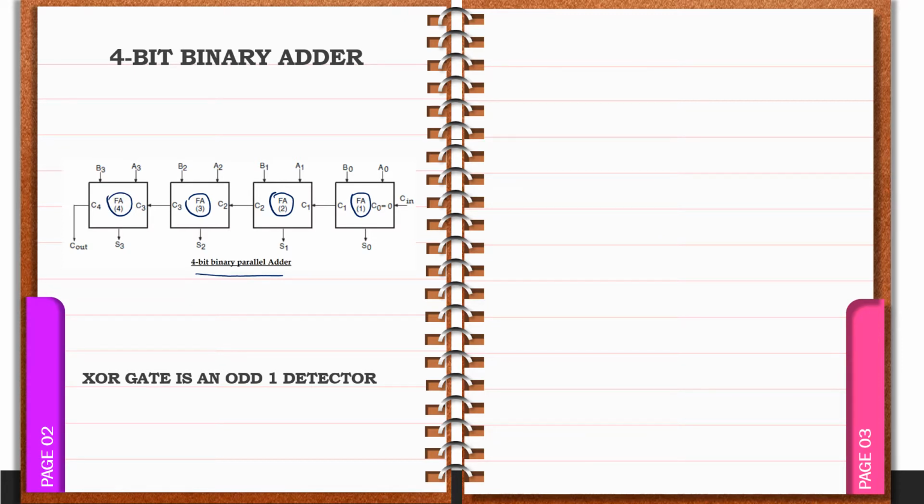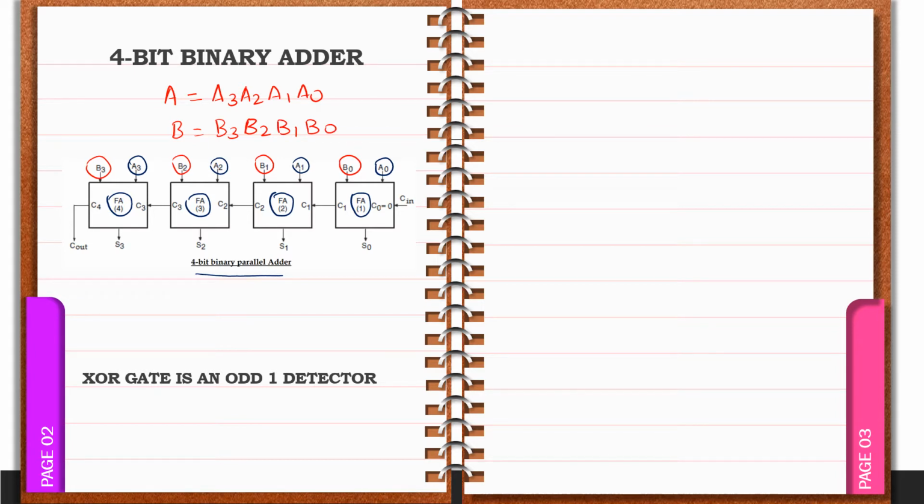Here we have the inputs A0, A1, A2, A3. Similarly, we have the inputs B0, B1, B2 and B3. For A, we are taking the values A3, A2, A1 and A0, and for B, we are taking B3, B2, B1 and B0.